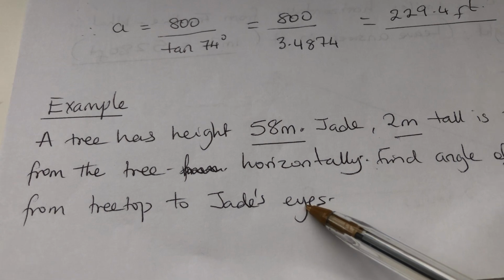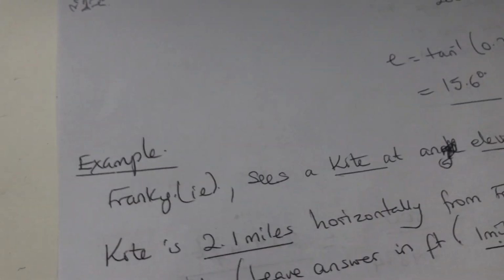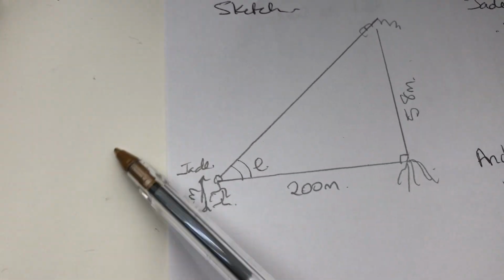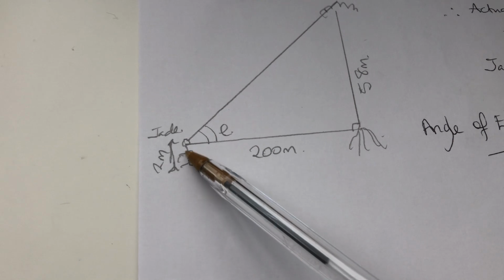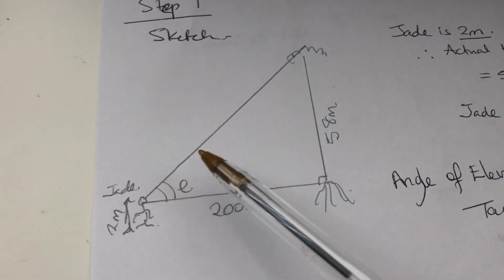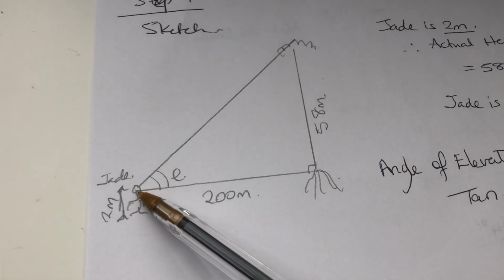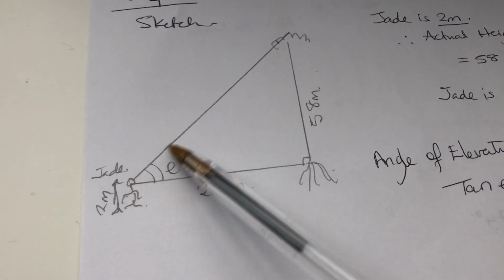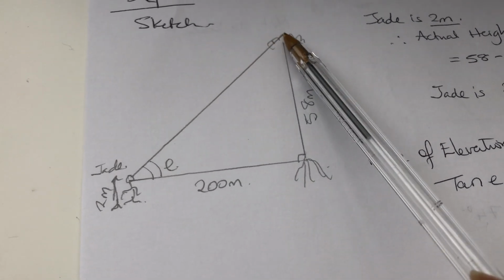So here again, we are going to sketch. This is my sketch. Jade is here, and Jade is 2 meters. We want this angle here. If Jade lifts her eyes, what angle does she make with the treetop?